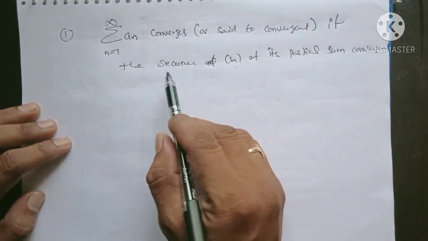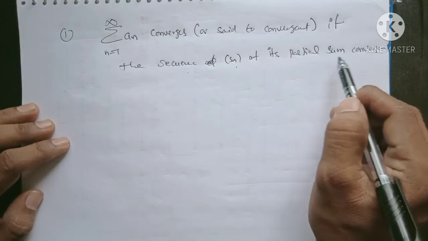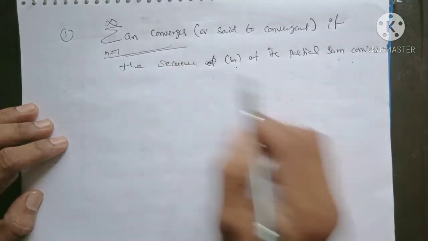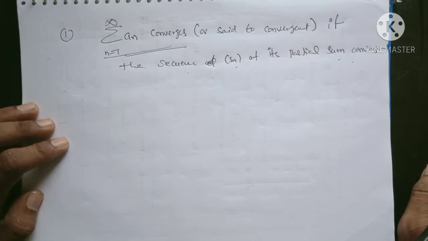So if the sequence Sn of partial sums of a series is convergent, automatically we say that the given series converges.